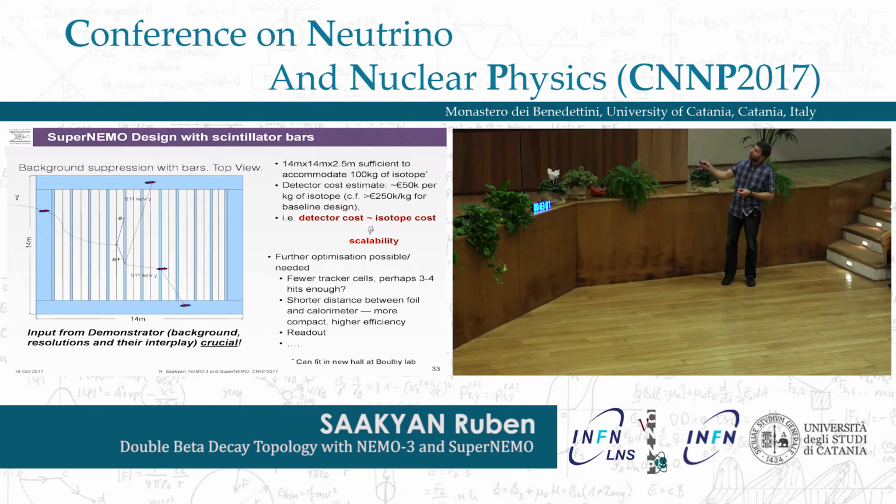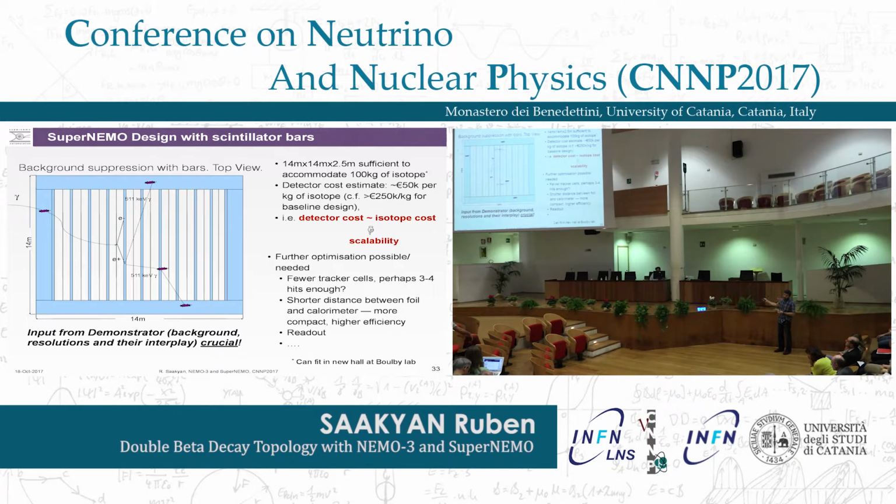Instead of 250,000 euros per kilogram of isotope, that's the cost of the detector per kilogram of isotope, this compact design gives you a factor of 5 potential saving. And there are possibly other options to reduce it even further.